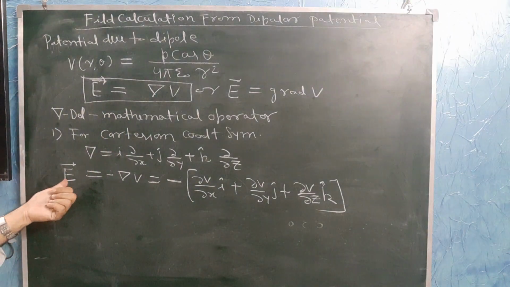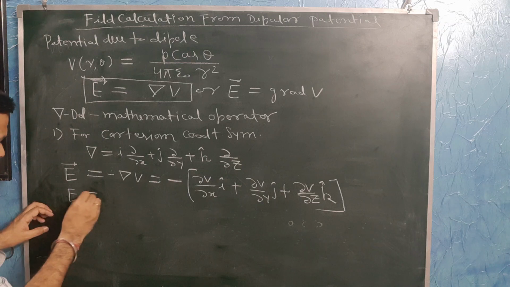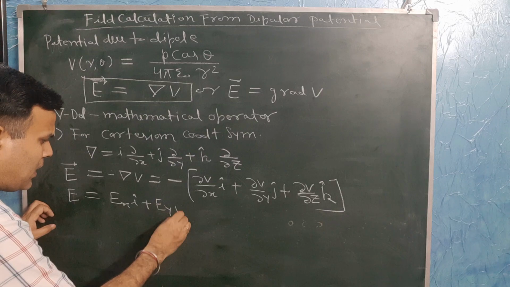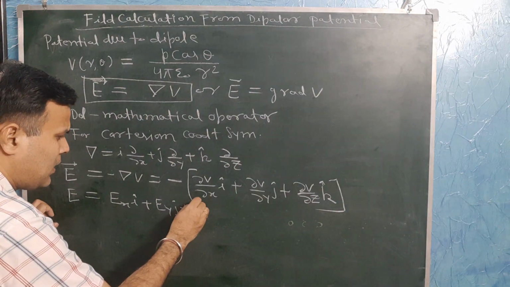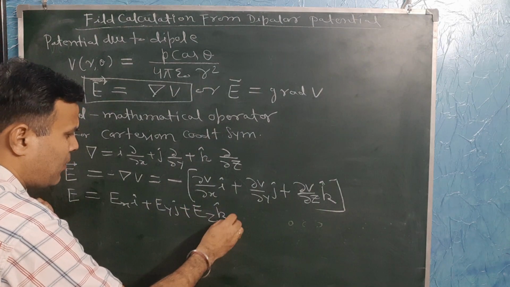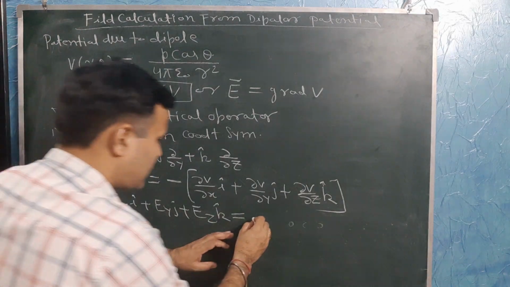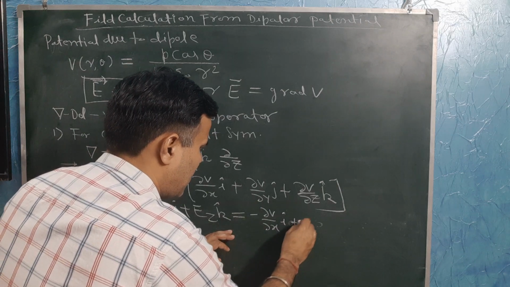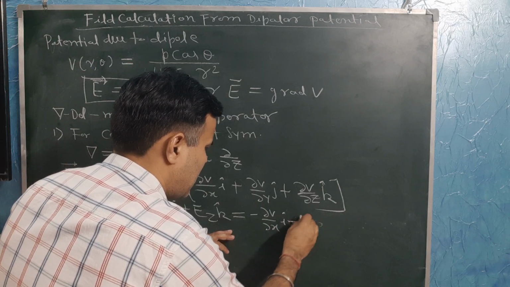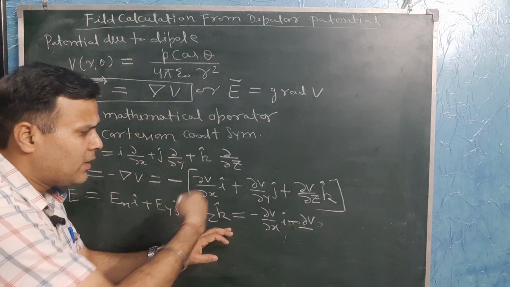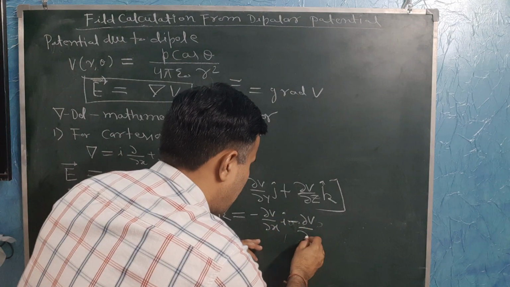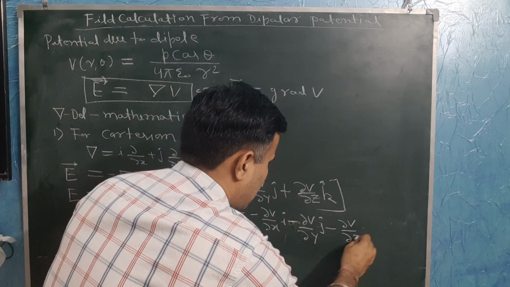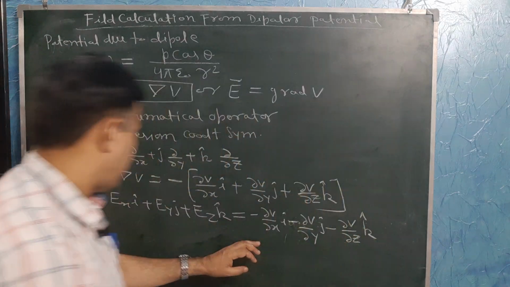And what is E? This E is simply Ex i cap plus Ey j cap plus Ez k cap, which is equal to minus del V by del x i cap minus del V by del y j cap minus del V by del z k cap.